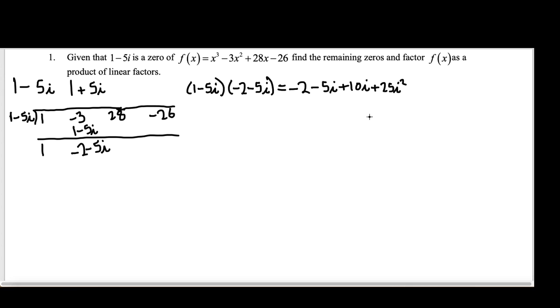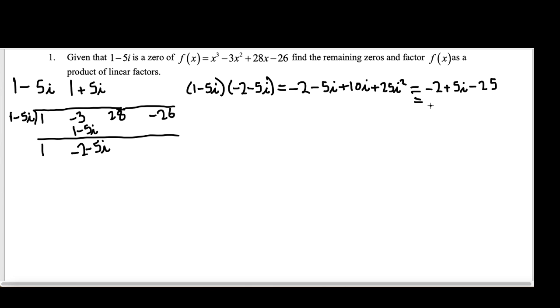And then we want to simplify this down. First of all, the two middle terms can combine, right, to give me plus 5i. And then because i squared is equal to negative 1, 25i squared becomes negative 25.